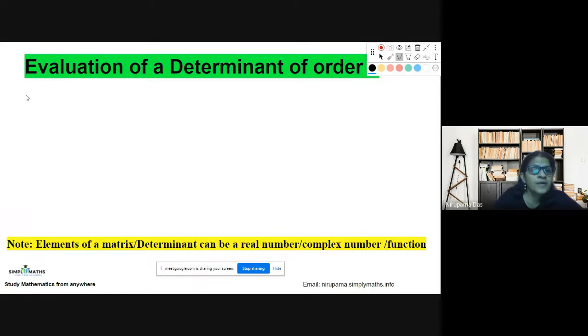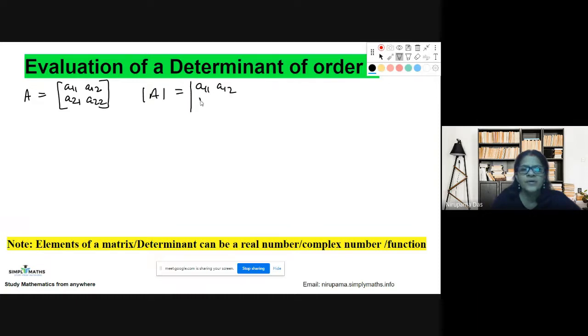Let me write here. Suppose the matrix is a11, a12, a21, a22. The corresponding determinant will be written like this: a11, a12, a21, a22.